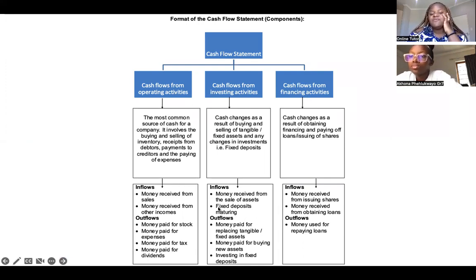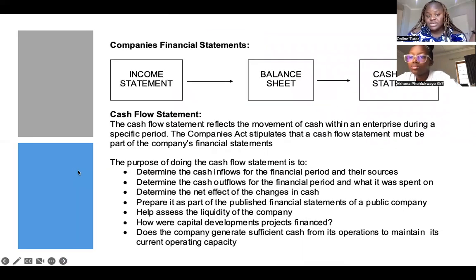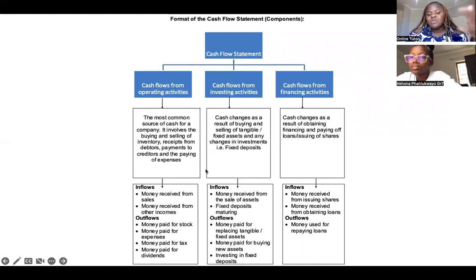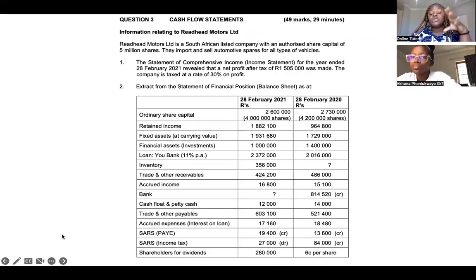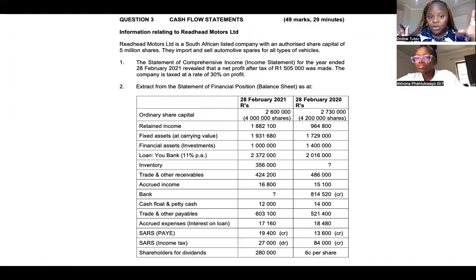But I truly believe this should be studied after you've done various questions, because reading it now doesn't really make sense. It's just words, you know what I mean? Once you've practiced a few cash flow statements and come back to this, it will make sense. I'll send you this presentation so you can revise it for that 5-mark or 8-mark theory question on cash flows.